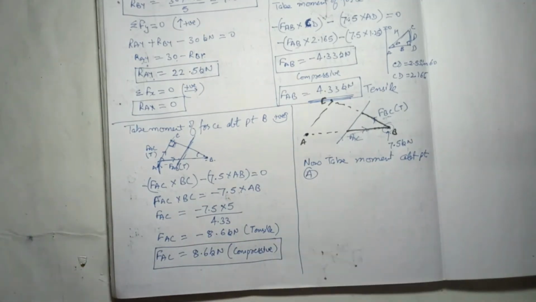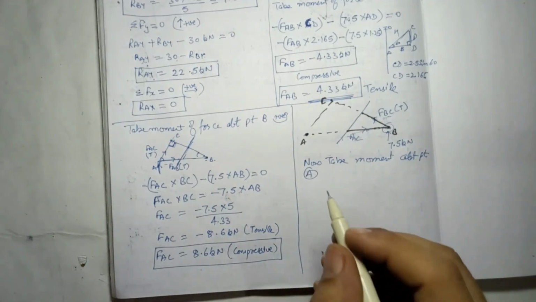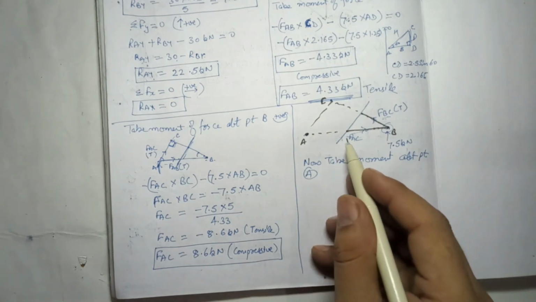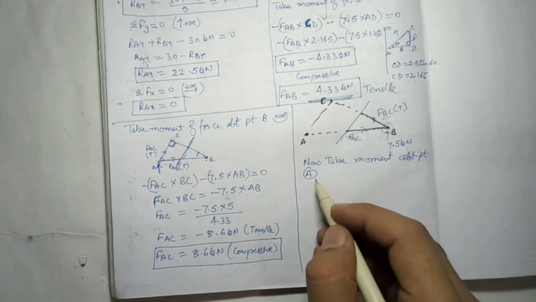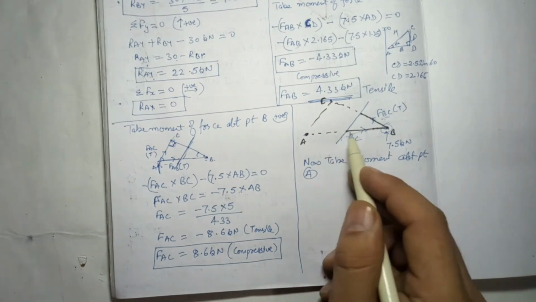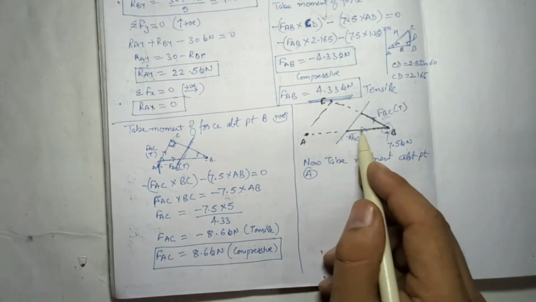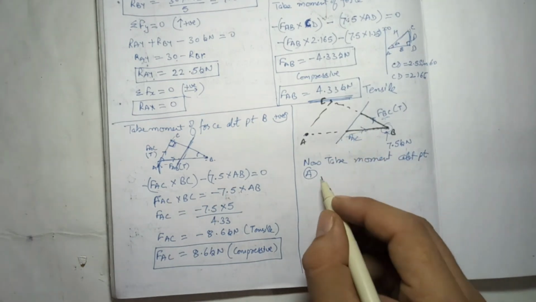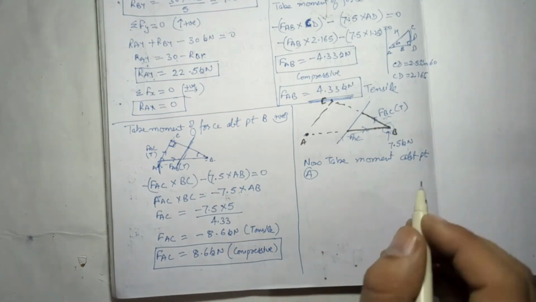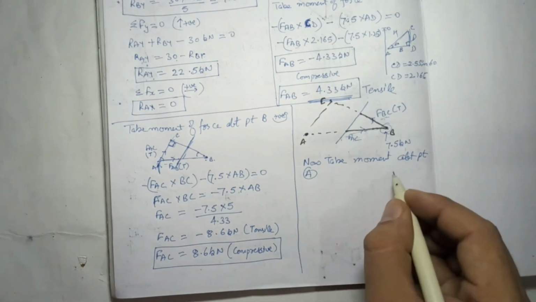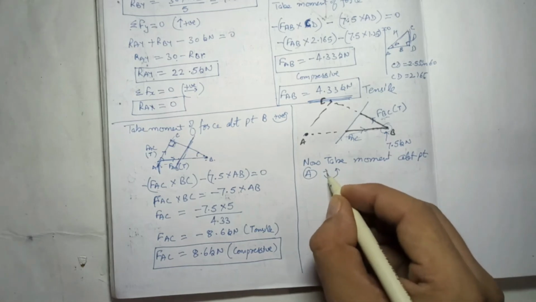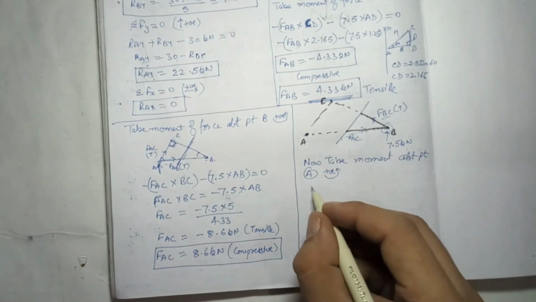This is the main thing, you have to learn how to choose the point when we have to find the moment of force. If you take the correct point or joint about which you are taking the moment, and second you take the exact perpendicular distance, then your equation and your solution will be correct. Now we will take about point A, with anti-clockwise positive. So we will see the various forces.